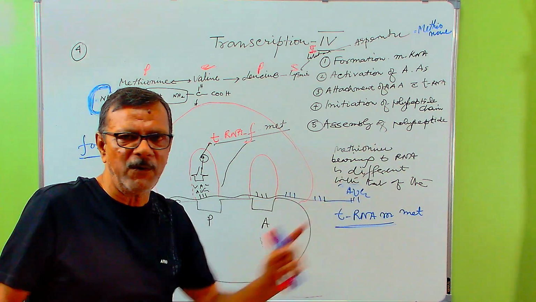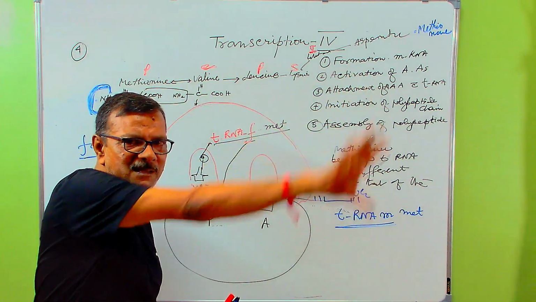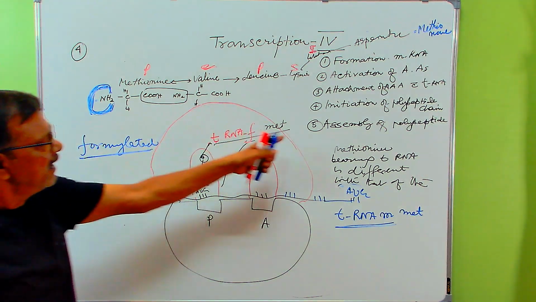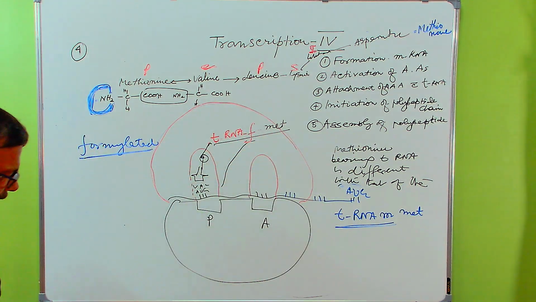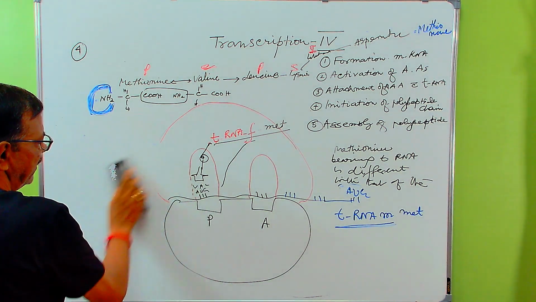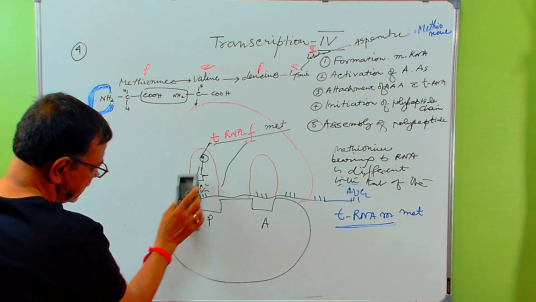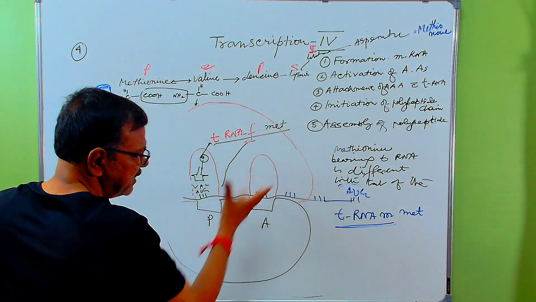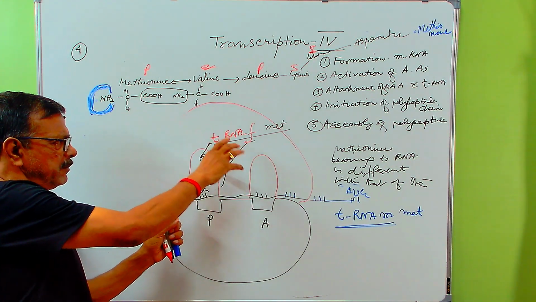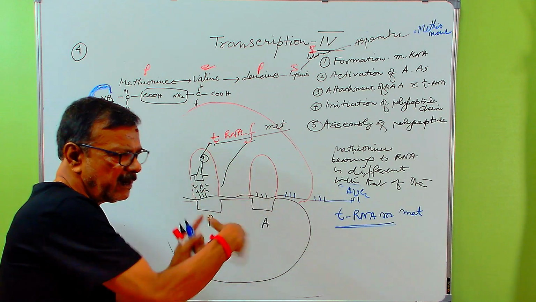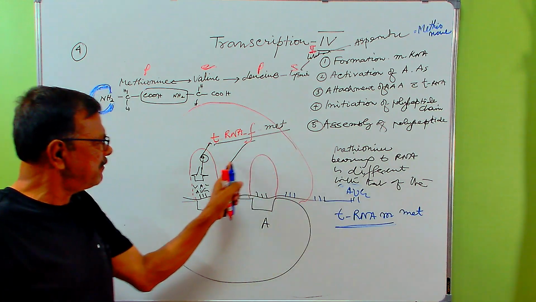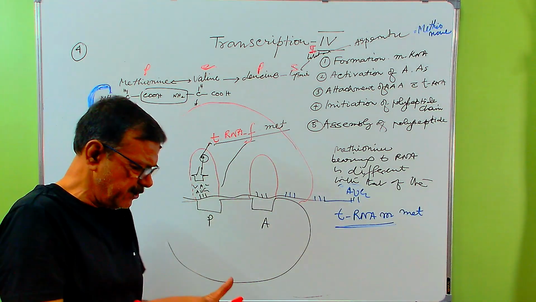This is assembly of polypeptide. Polypeptide chain in this way it produces. And now the last part is assembly of polypeptide. Clear? After the formation of this polypeptide chain, this tRNA gets diffused.